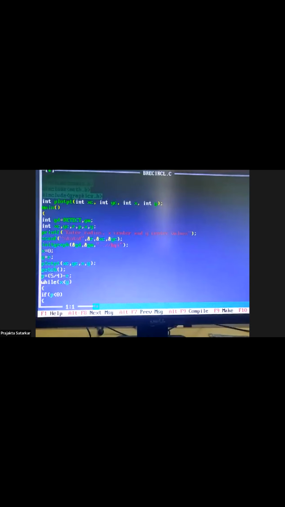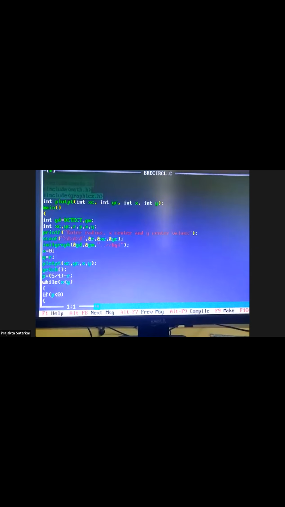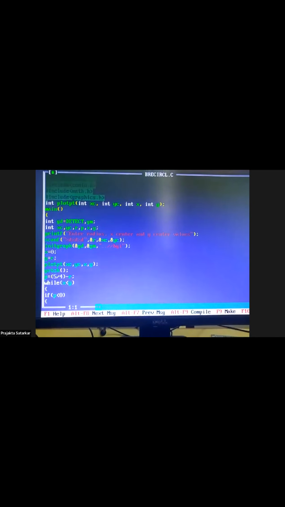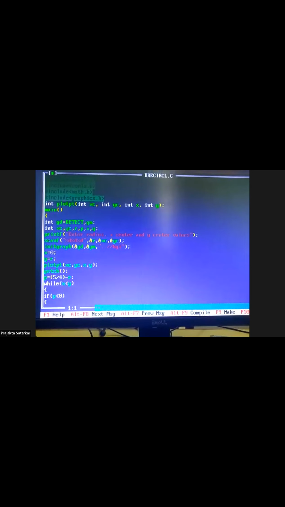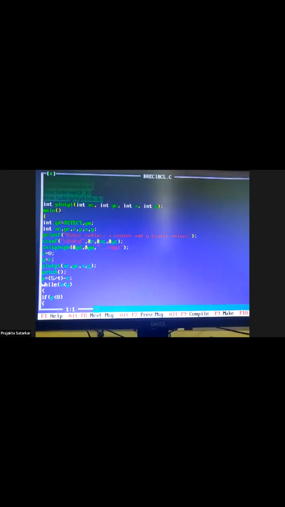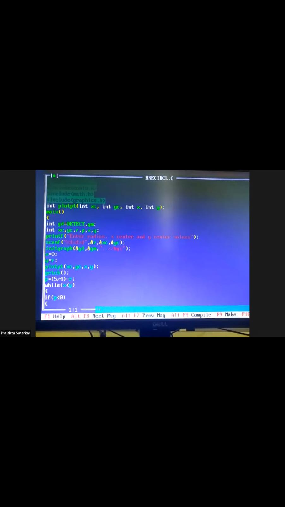So by considering these 4 things, you are going to draw the circle on the output screen. So plotpoint is actually plotting a point with XC, YC, X and Y. How it works, we are going to learn next.